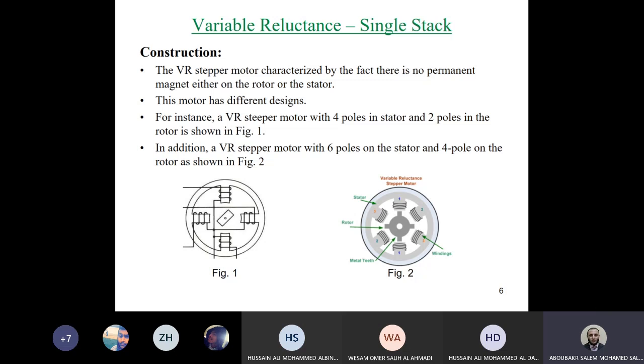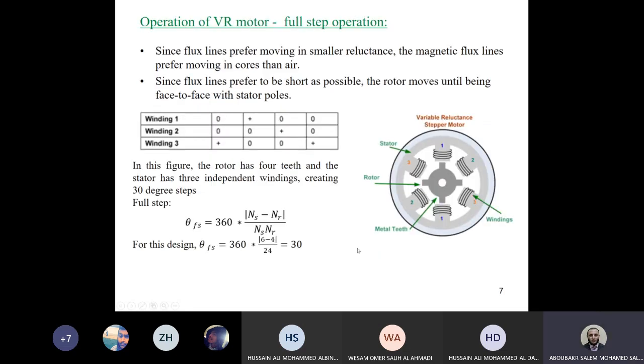If the motor moves a part of an angle, we will call it the step angle. So based on the required step angle, we are going to design our motor. This is an example of a construction with 6 stator teeth and 4 rotor teeth.